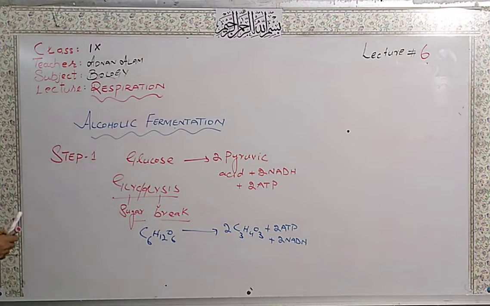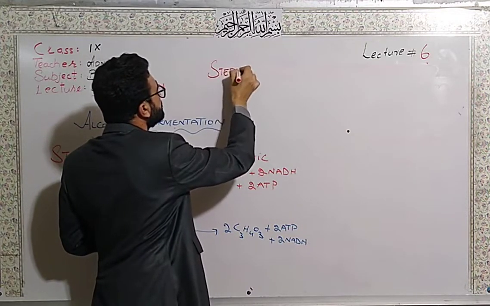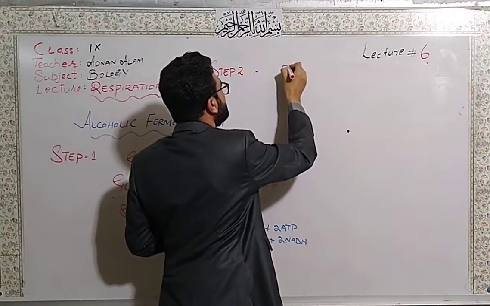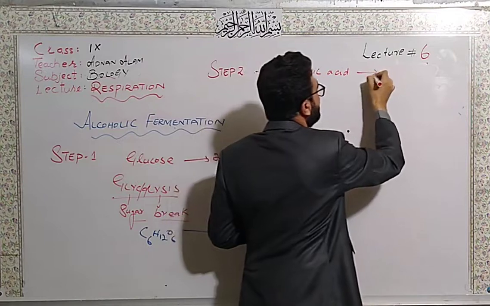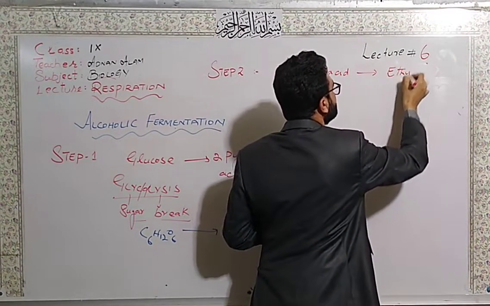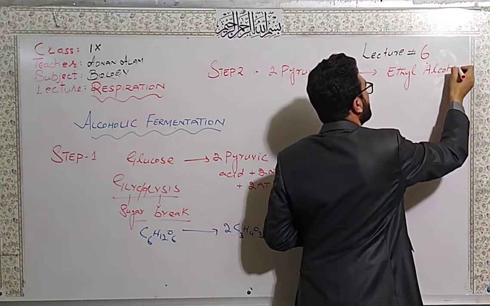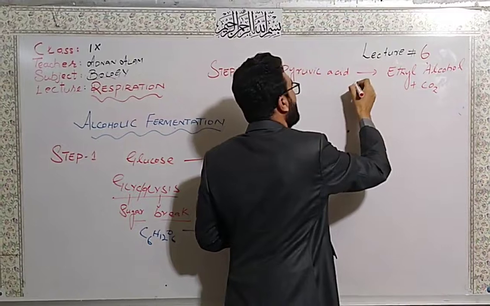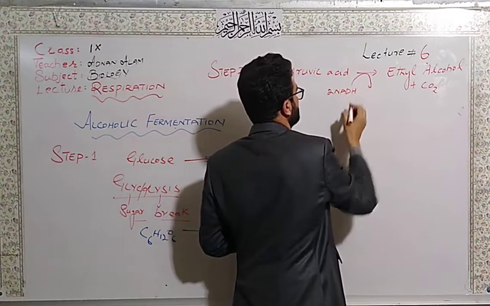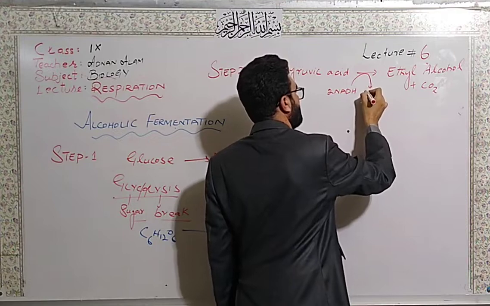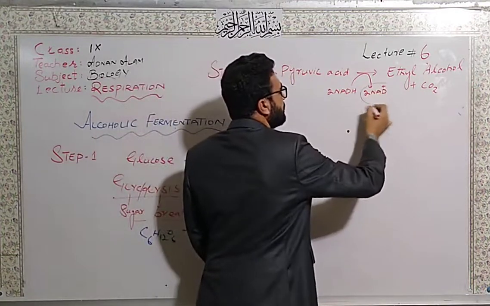In step 2, what happened? The pyruvic acid is converted into ethyl alcohol plus carbon dioxide, and the 2 NADH, which were formed in glycolysis, give their protons and electrons and become NAD.